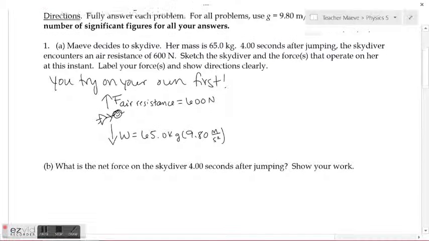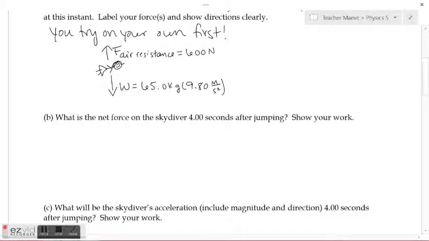Excellent. All right. So part B, what is the net force on the skydiver 4 seconds after jumping? Net force. Okay, again, try this on your own. You try. Pause the video. Welcome back from the video. Net force, well, it's basically the sum of our forces, right?